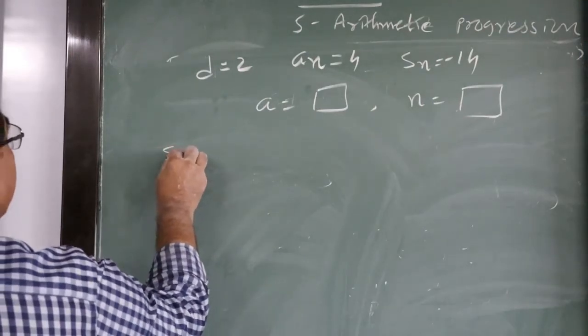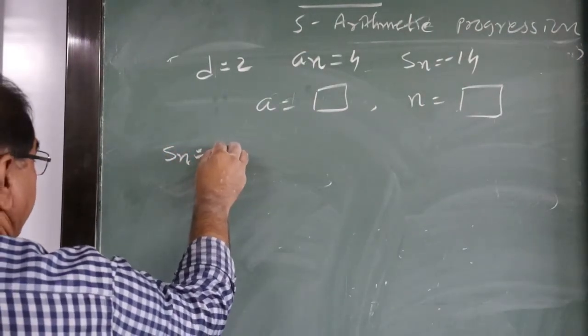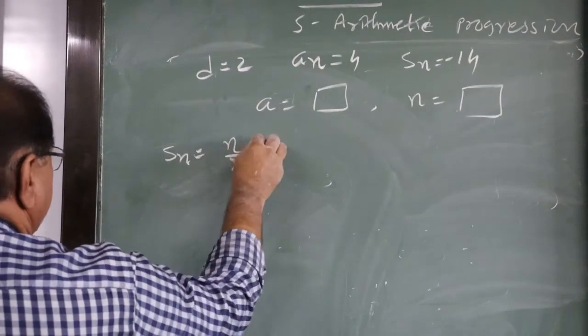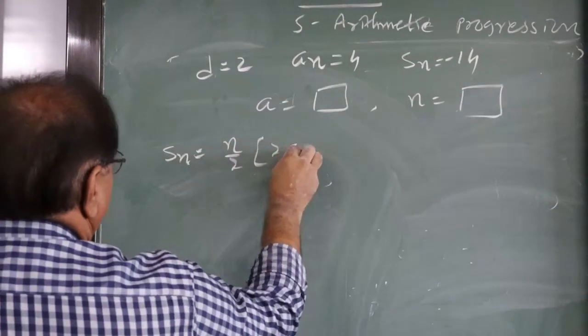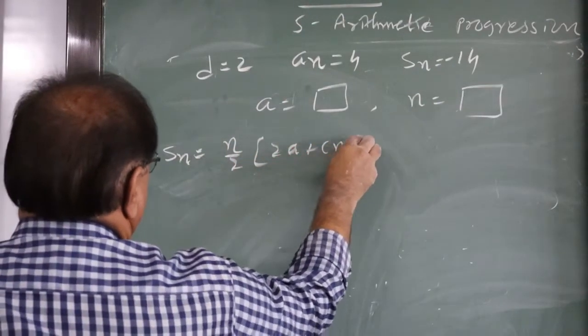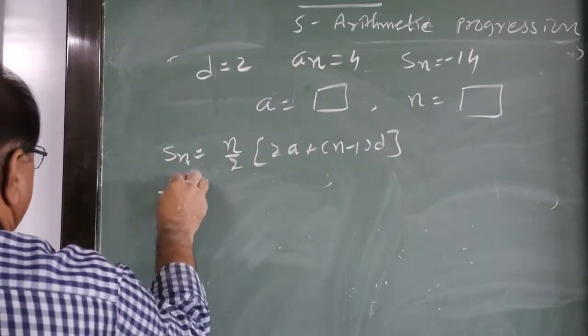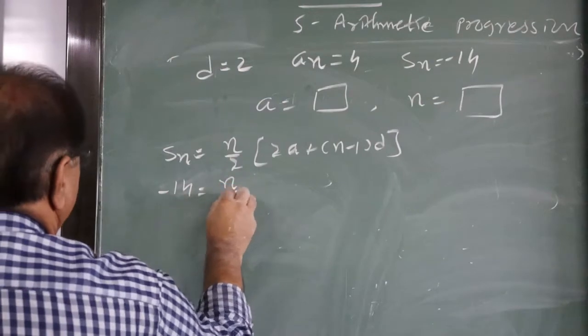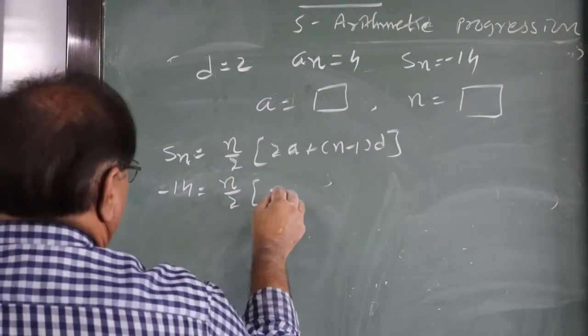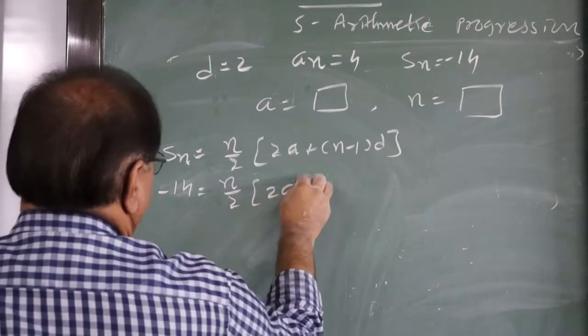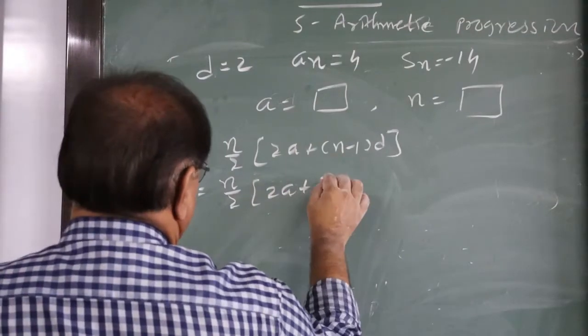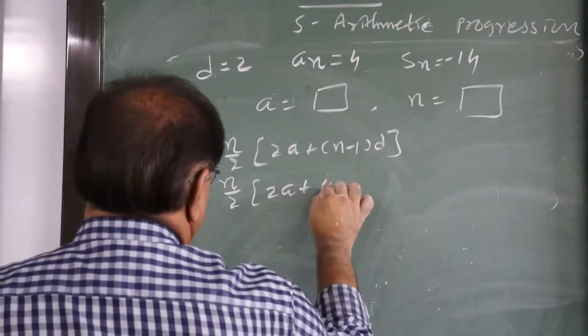So Sn is equal to n by 2 into bracket 2a plus n minus 1 into d. Sn is minus 14, is equal to n by 2, 2a plus n minus 1 into d, which is 2.